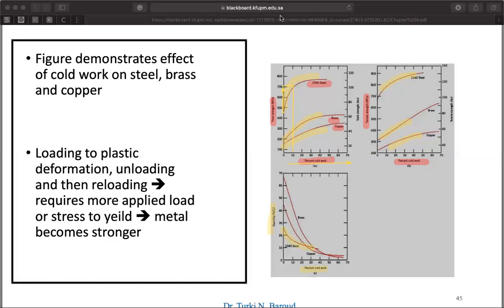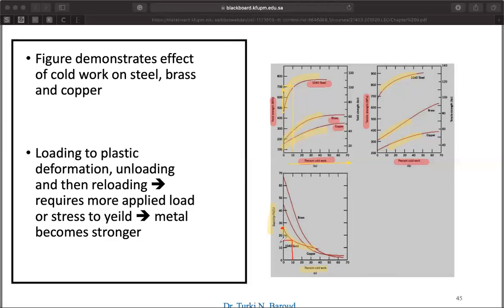And if we take this example, if you look, for example, at steel, in the beginning you got something around 25 percent of elongation. And if you do only 10% of cold work, what's going to happen?